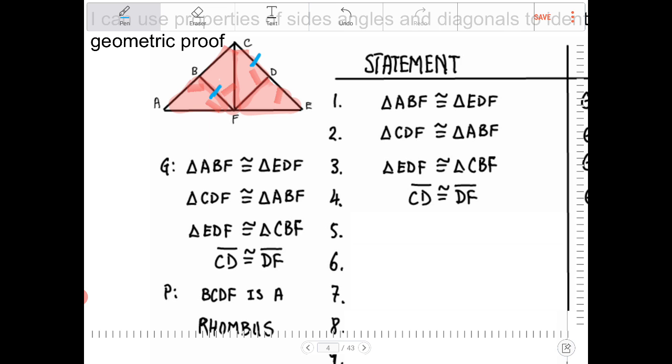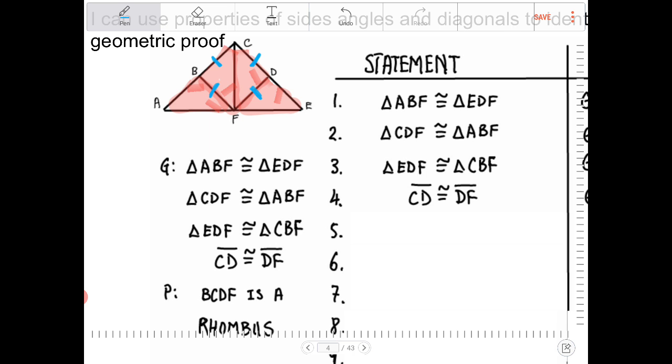So if CD and DF are the same, then the other sides, by corresponding parts of congruent triangles, must be the same. Therefore, all four sides are going to be congruent. So quadrilateral BCDF must be a rhombus because all four sides are congruent. That's the logic of it.